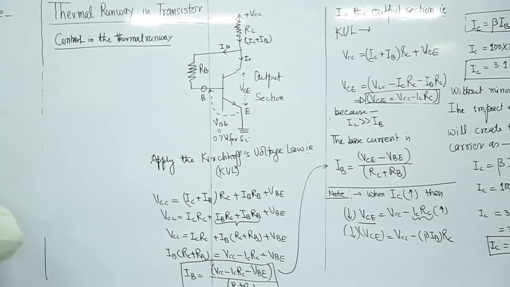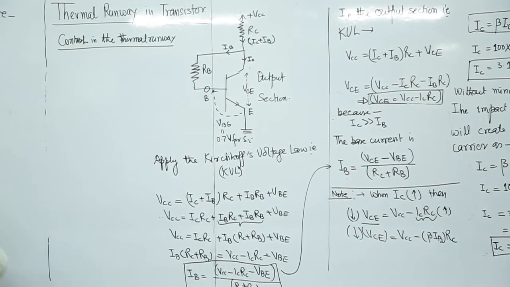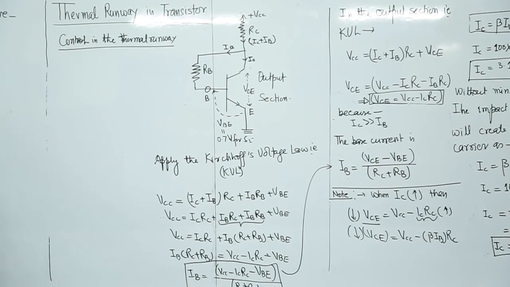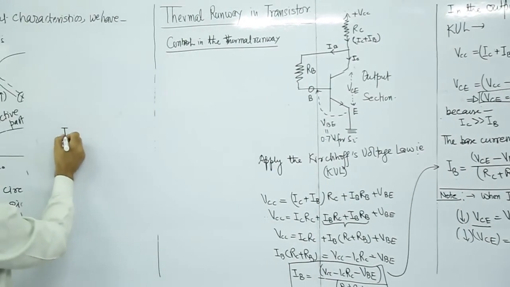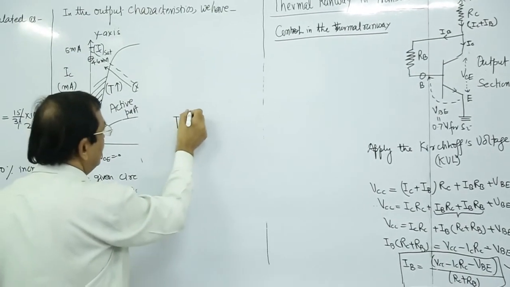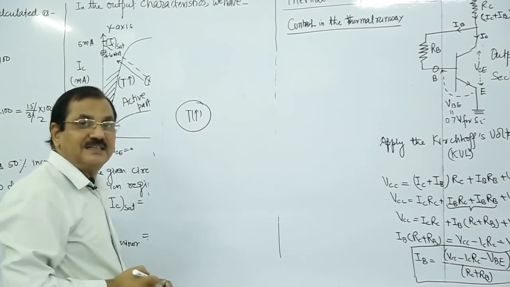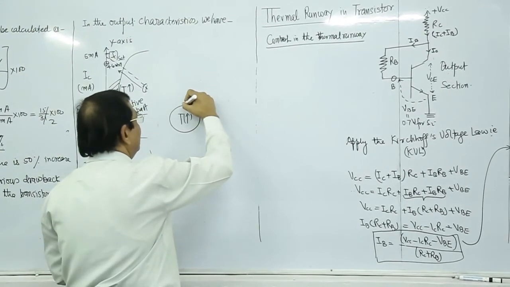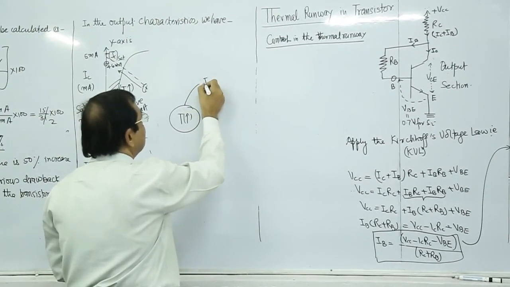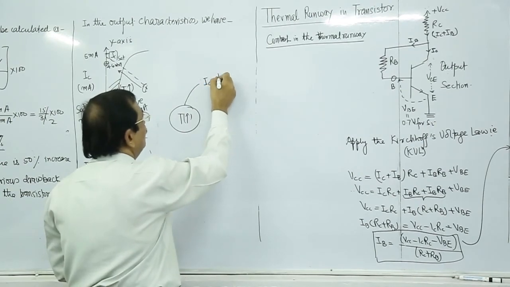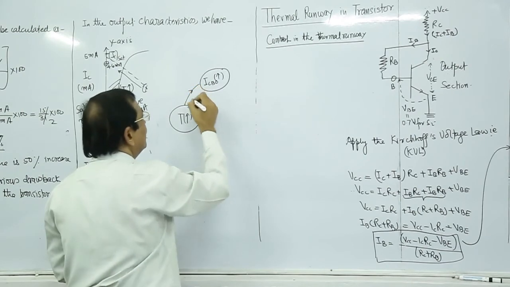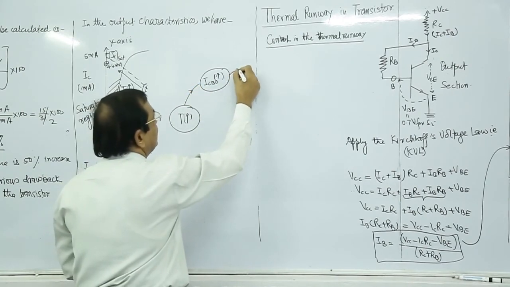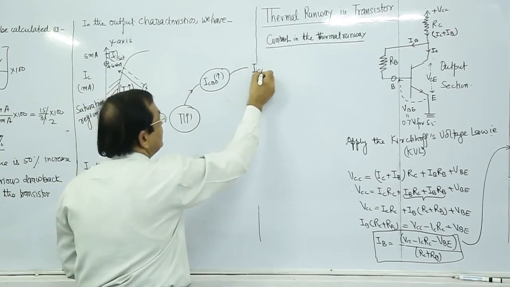If we find the change, it is something like this: if there is an increase in temperature, ICBO will increase, and this will increase the ICEO.